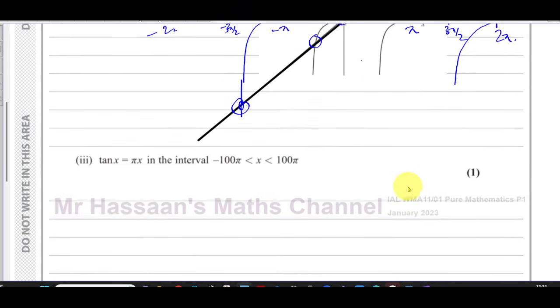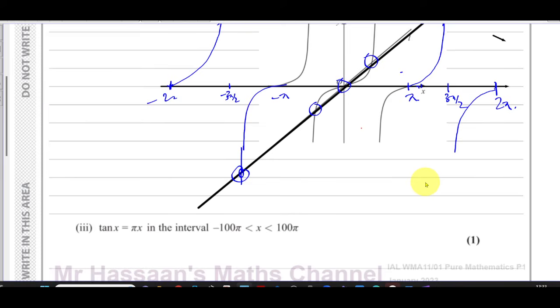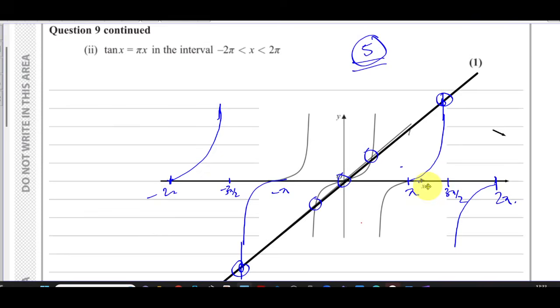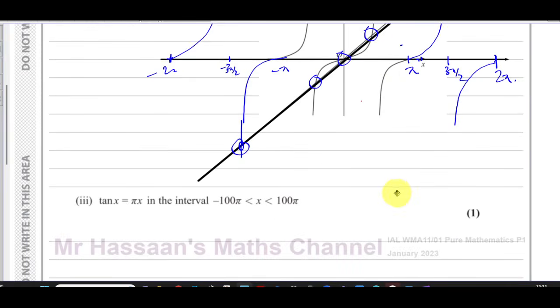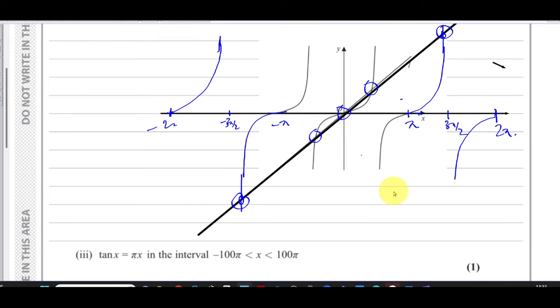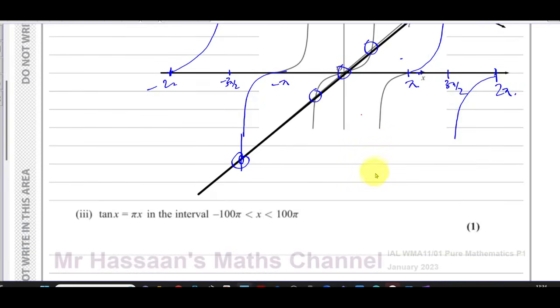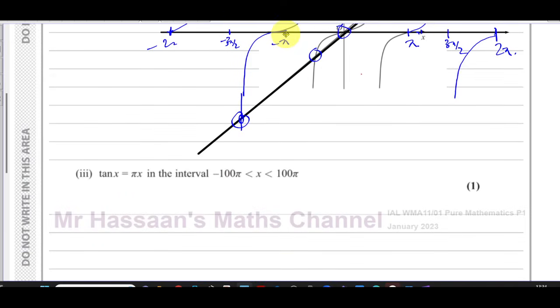Okay, so we've got to think about this. Between minus 2 pi and 2 pi, if you take away the one in the middle, you've got 2 solutions this side and 2 solutions that side. So every 2 pi you have 2 solutions.